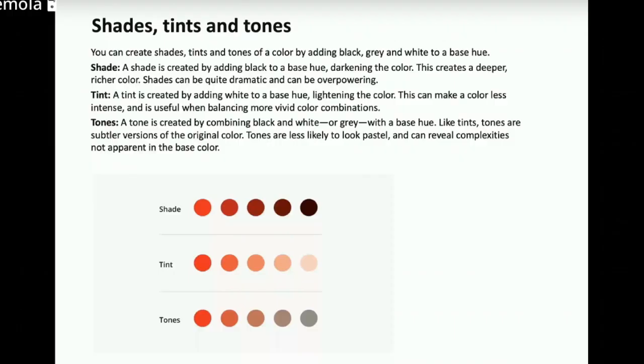And this can happen through the use of shades, the use of tints, and the use of tones. I'll try to explain these one after the other so you don't get confused. You can see at the beginning of each of them, shades, tints, and tones, they basically have the same color. But if you look in the direction to the right, the shade or the variation of the colors changes.